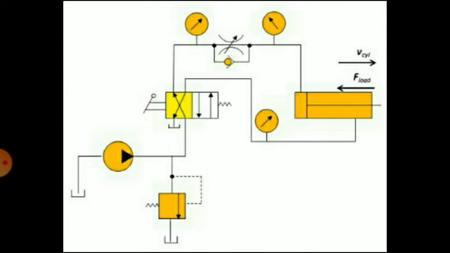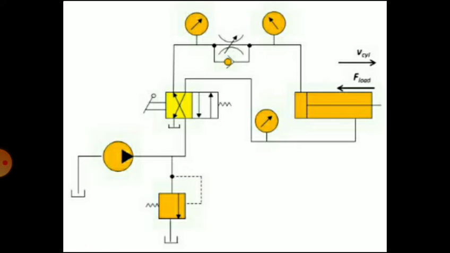Now you can see a hydraulic system. The various elements of the hydraulic system are shown. On the left hand side you can see the pump. From the reservoir, the pump forces the fluid upward via a direction control valve.